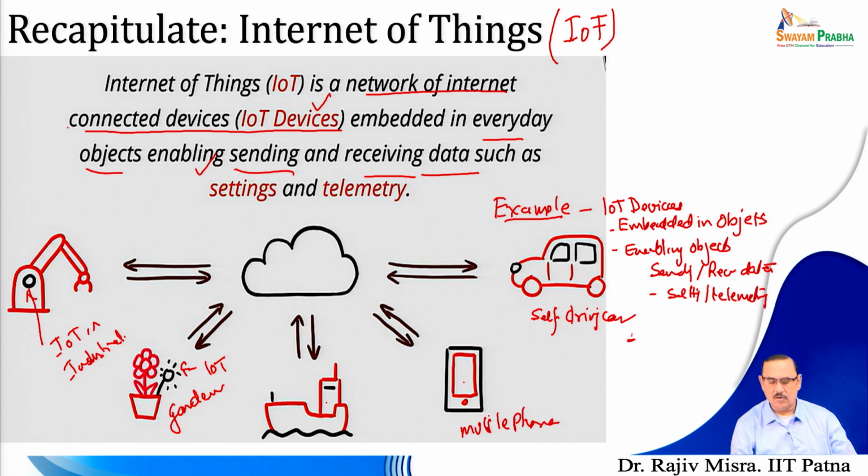So, the important protocol which does this sending and receiving is called MQTT. MQ stands for message queue and TT means telemetry transport.